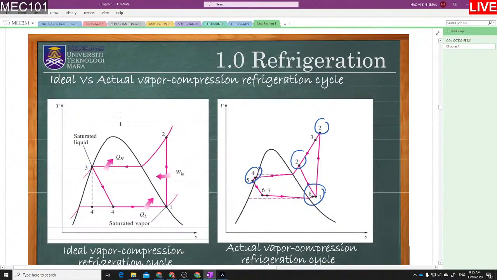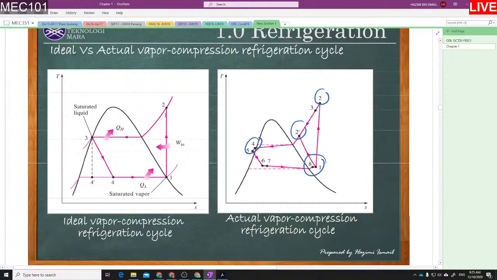Okay, asalnya for ideal vapor compression cycle, we have this TS diagram. Cantik, straight line, no pressure drop, and T1 equal to T2, and so on. Tapi bila dekat real life, kita takkan dapat straight line sebab kita tahu tak ada mechanical device yang 100%. Tak ada yang betul-betul perfect. Takkan dapat straight line macam ni, isentropic process.